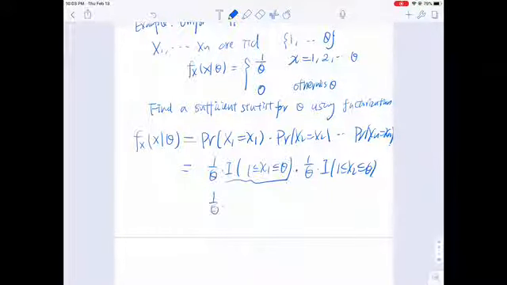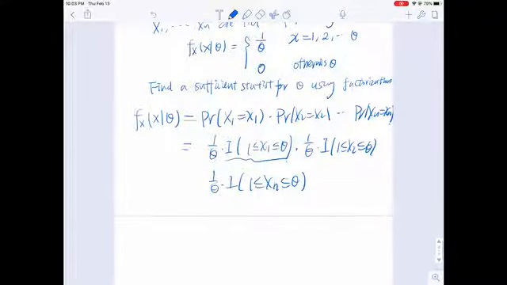And then we're going to extend this. We'll also have one indicator function for xn. And let's combine the 1 over theta terms. We have n of 1 over theta, so it's equal to 1 over theta to the power of n.